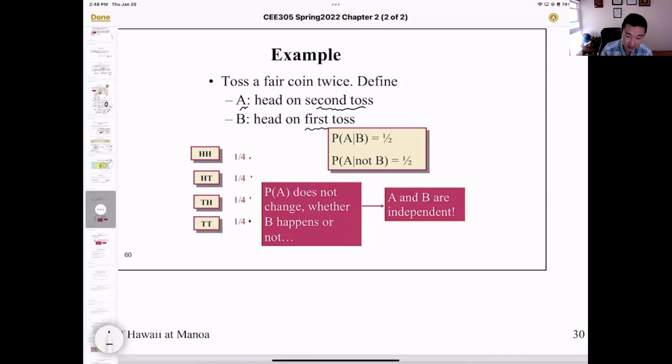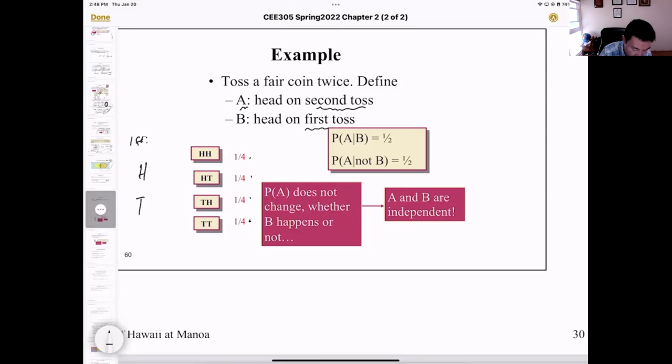So first, pick the first toss. We could have head or tail.